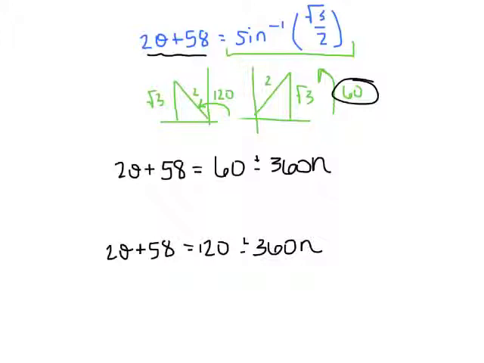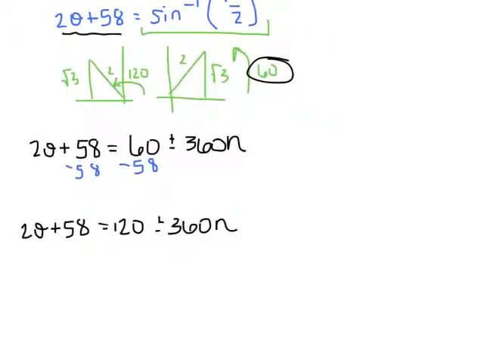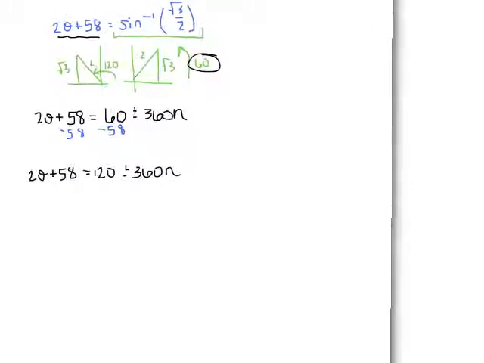So if I want to get theta by itself, I'll have to subtract 58. So that makes 2. So 2 theta equals 2 plus or minus 360n. And over here, let's also subtract 58.